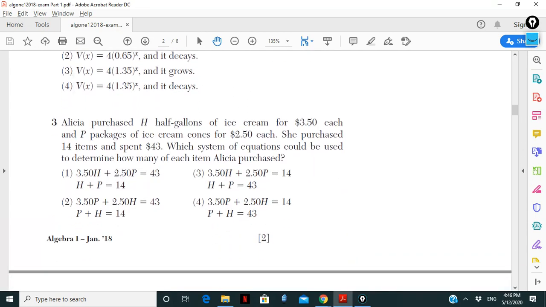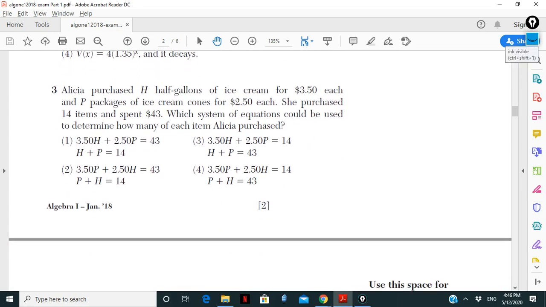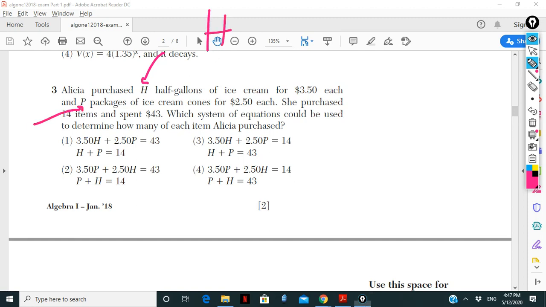Question number 3. Alicia purchased half gallons of ice cream for 3.5 each and packages of ice cream cones for $2.5 each. She purchased 14 items. So what does it mean? This is the number of the gallons, and that's the number of the packages. So the number of gallons plus the number of packages should be 14.